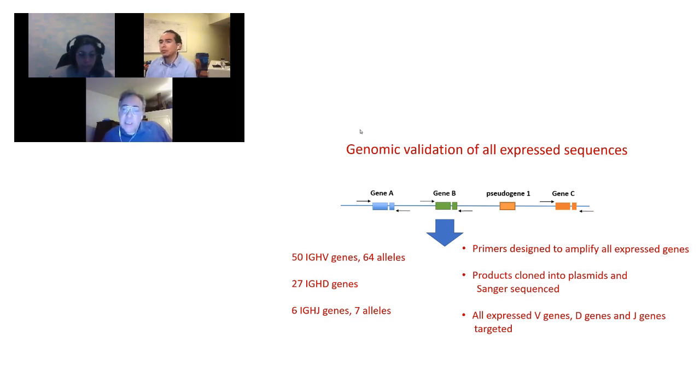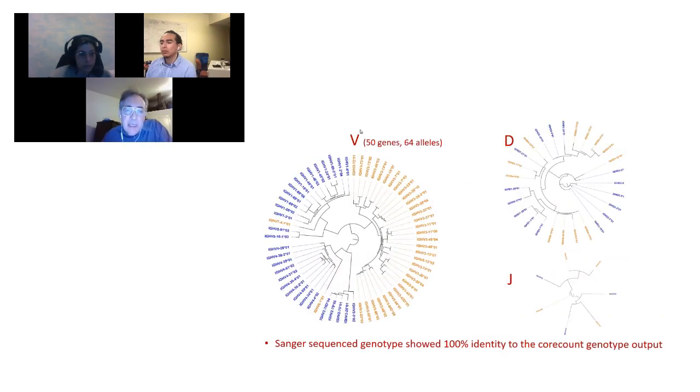So all the expressed V, D, and J genes were targeted in the individual. And this was done by one of our PhD students in our group, Sanjana Narang. Now, the result of this was that the Sanger sequenced genotype showed 100% identity to the core count genotypic output in this individual. So we had 100% identity.